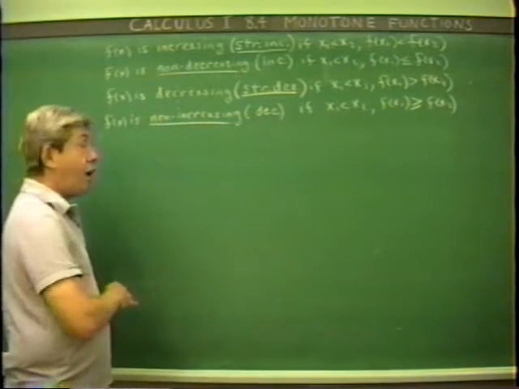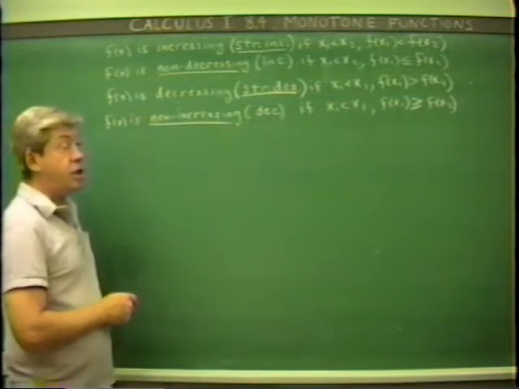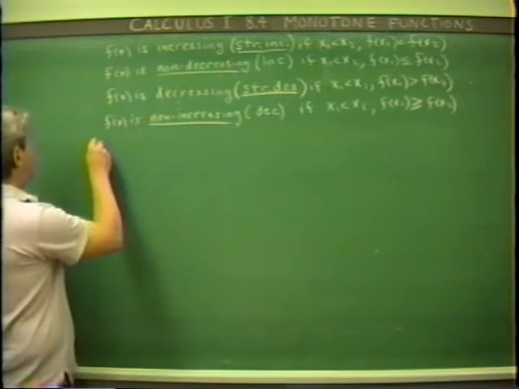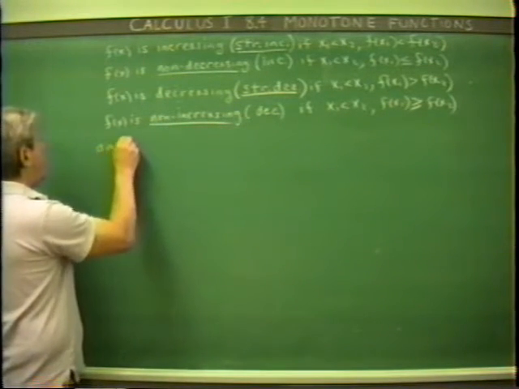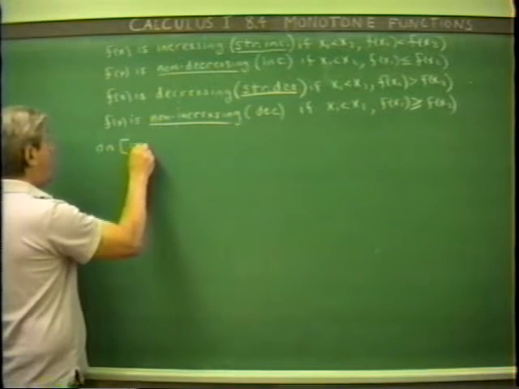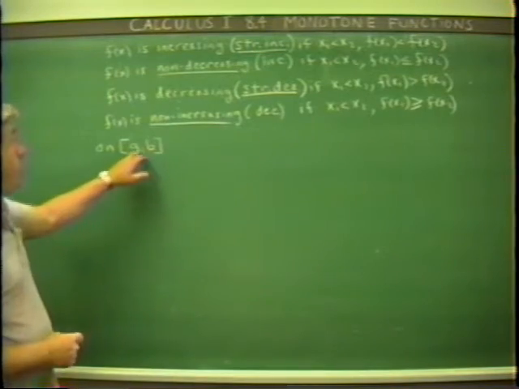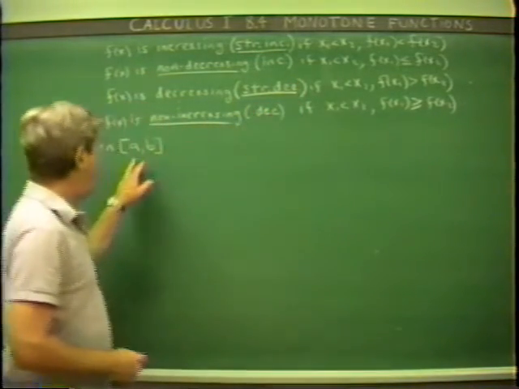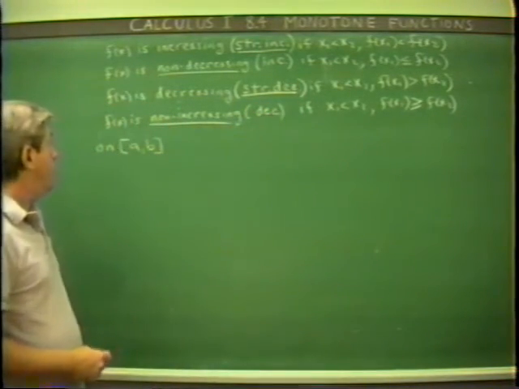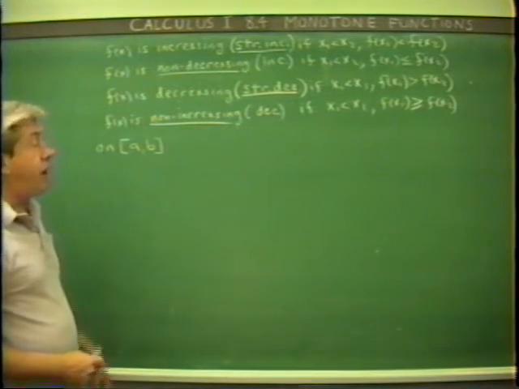Okay, now for graphing functions, we're going to want to know where the function is increasing and where it's decreasing. So these same definitions hold on a closed interval [a,b] or on an open interval (a,b), with the restriction that x1 and x2 must come from the interval. Right?